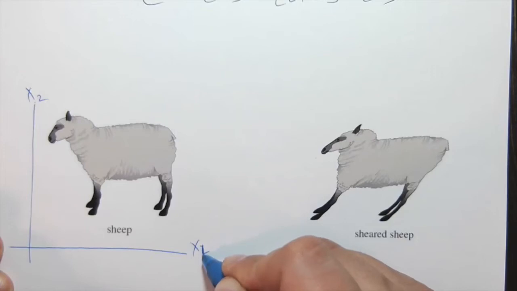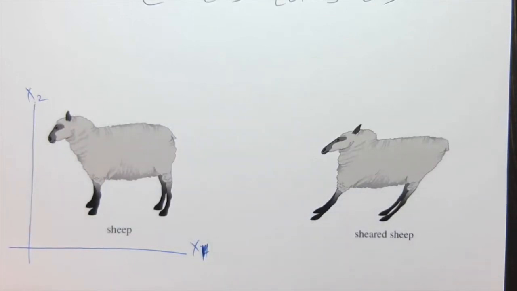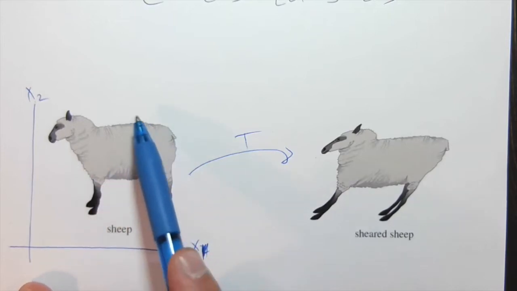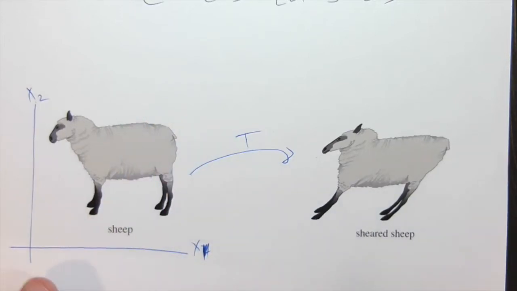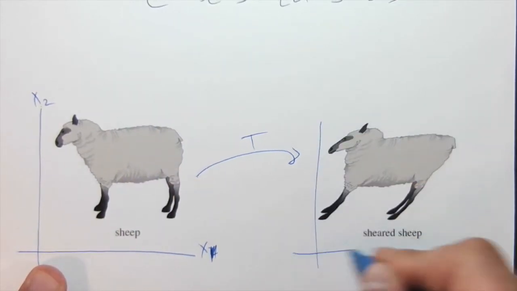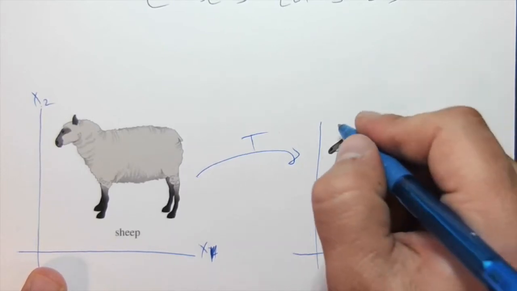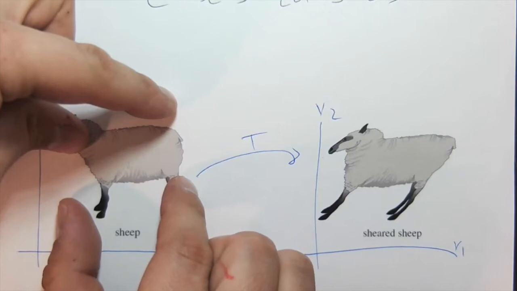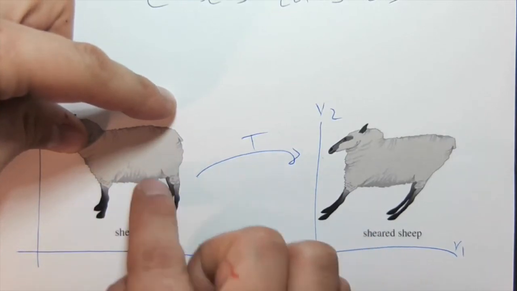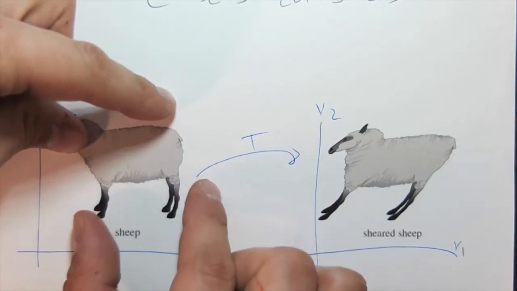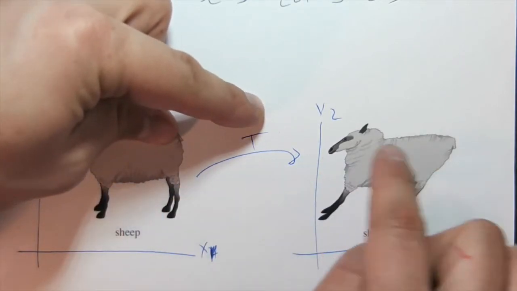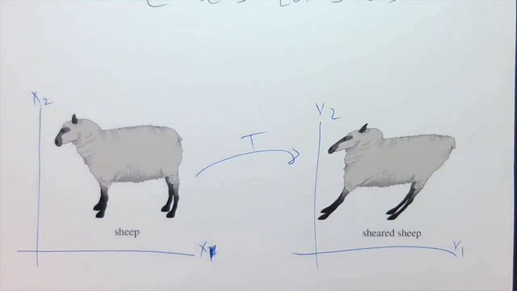Whoops, this should be x1, x2. And then we apply the transformation to that picture, right? So apply it to all the points in the image. It becomes a sheared sheep, ha ha ha. Right, so it's kind of like we grab the sheep, apply the transformation, so multiply all the vectors by A, keep the bottom still, move the top one, shift it over, and it would look like this, a little distorted.